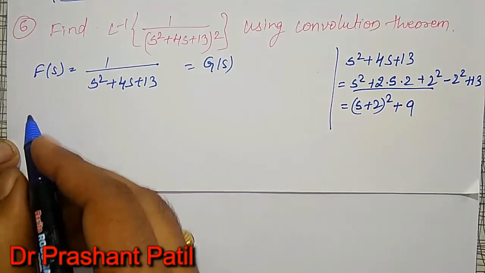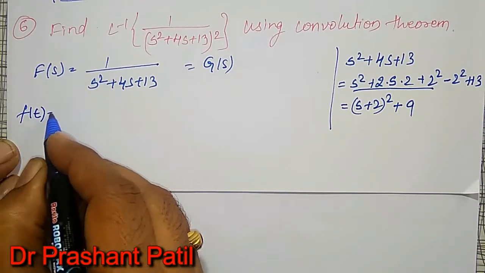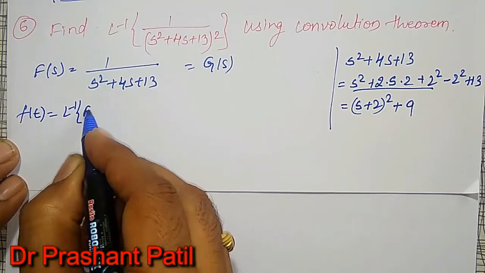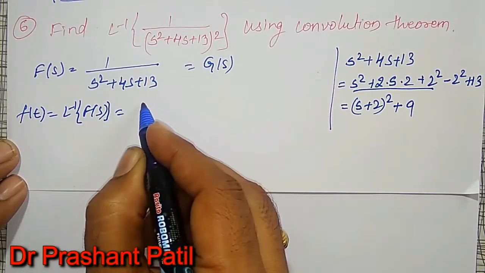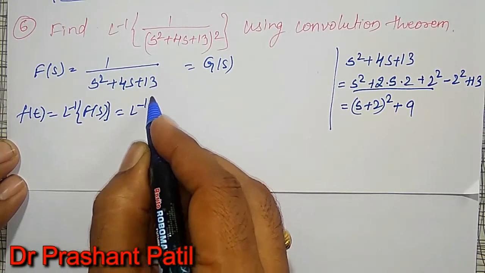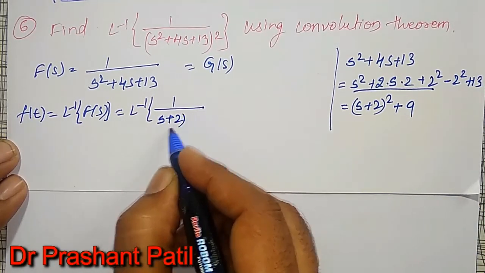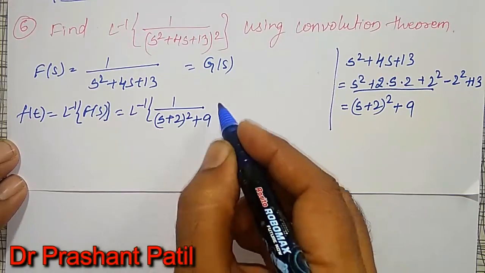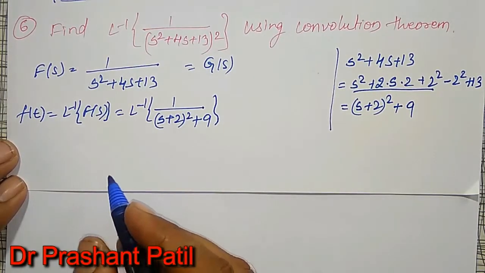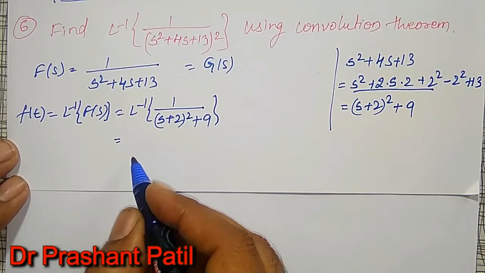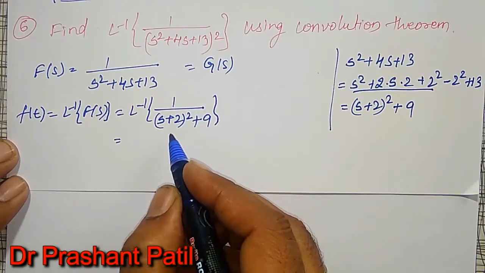This one I can write as f of t is equal to inverse Laplace transform of f of s. That one I can write as inverse Laplace transform of 1 divided by s plus 2 the whole square plus 9. And to find its inverse Laplace transform, wherever s is there, it is with s plus 2.